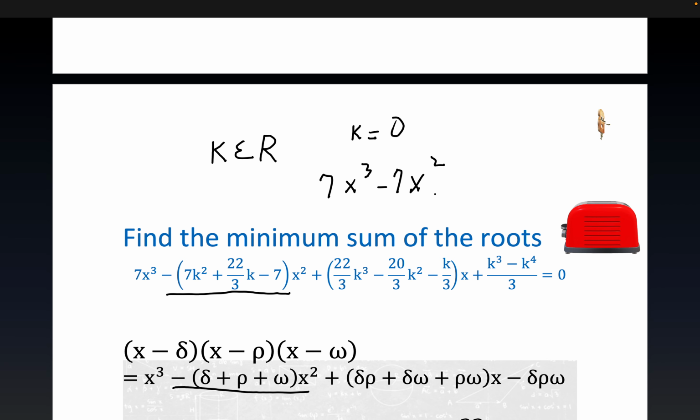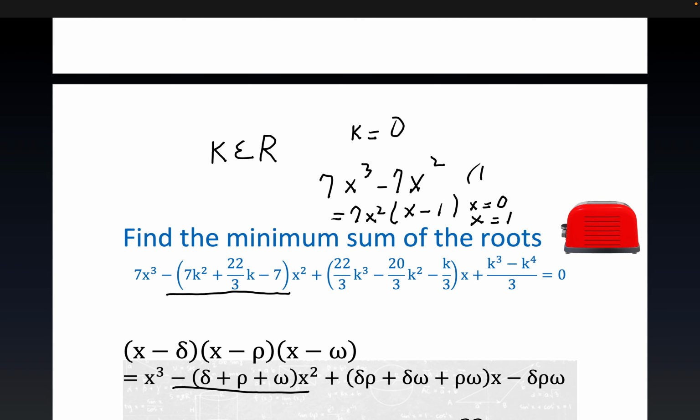And then you can factor out a 7 here, and so you end up with 7x squared times x minus 1, right? And so you can check these numbers. This would lead to x equals 0 and x equals 1, right? And if you sum those up, the sum of these roots is 1, right?